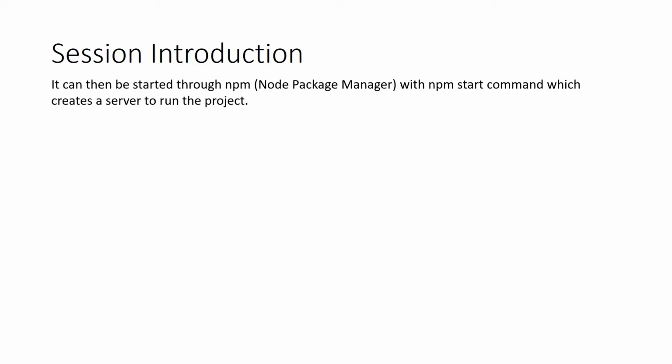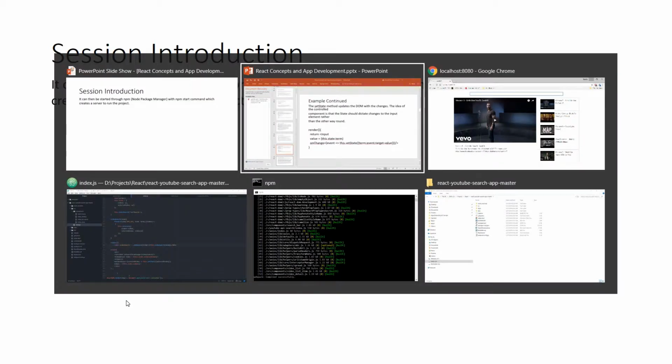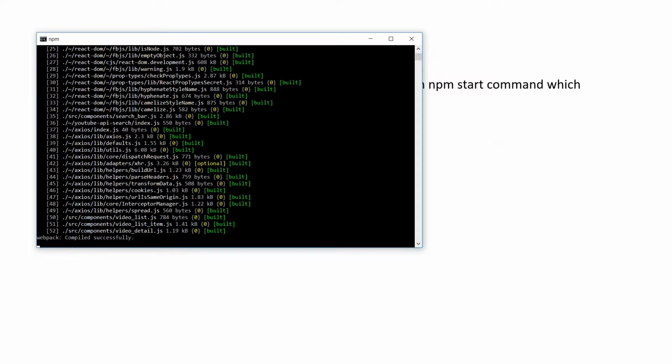Now, this project can be started through the Node package manager, which runs under the Node.js command prompt with the npm start command, which creates a server. Let me show you quickly how it looks. This is a Node package manager console. I have done it previously. I've issued the command npm start, and Webpack, which is a library, has compiled successfully and created a server.